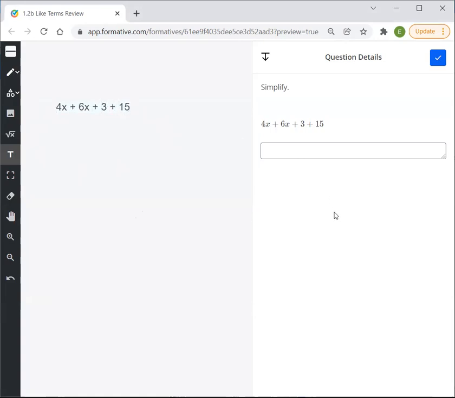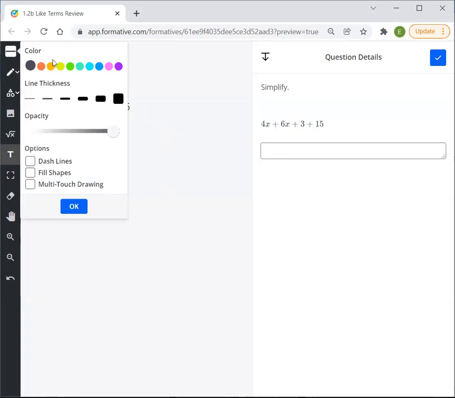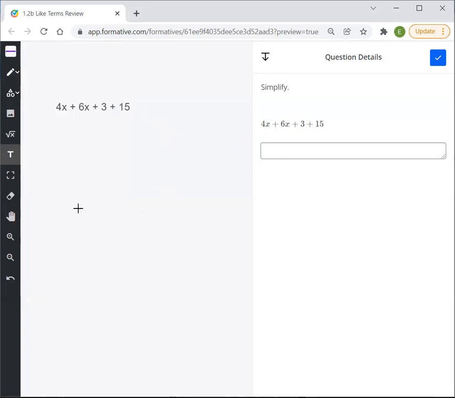The first thing we want to think about is what are like terms. So remember, like terms have to have the same variable and the same exponent. Okay, so in this problem here, we can see there's x terms and then there's constants. So my like terms are the x's.